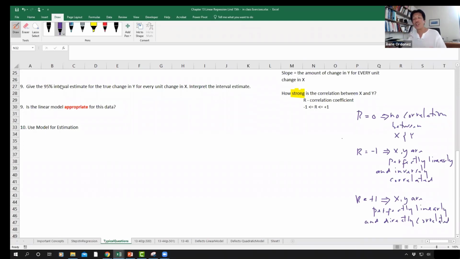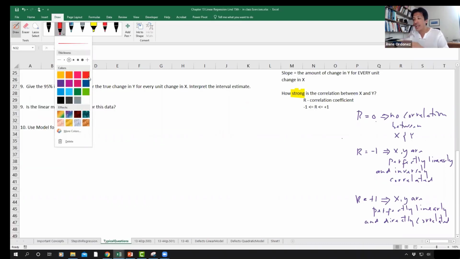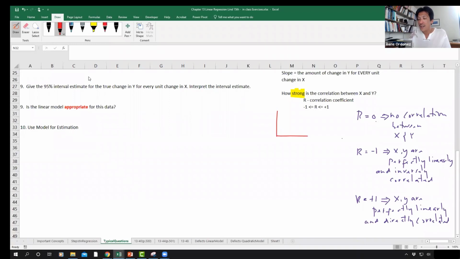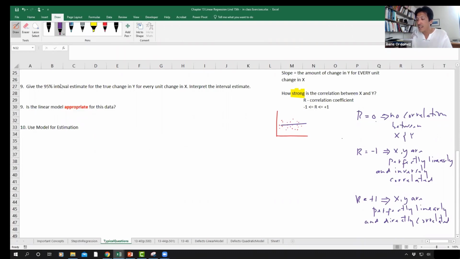So I've given you extreme values on the negative side, and extreme values on the plus side, and then our value in the middle of these two. If we represented these three values in terms of a graph, when you graph X and Y, let's say that here's your scatter plot of this kind.